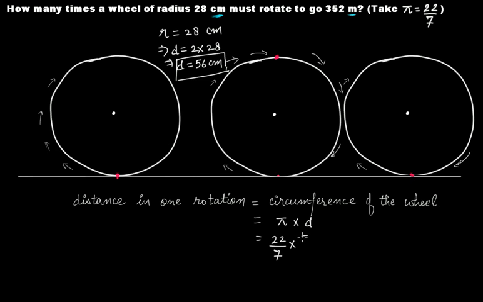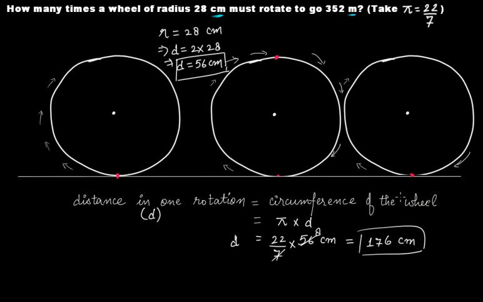So put it here, 56 centimeter. And this comes as 22/7 times 56, which is 22 times 8, and 8 times 22 is 176 centimeter. So your distance traveled in one rotation comes as 176 centimeter.